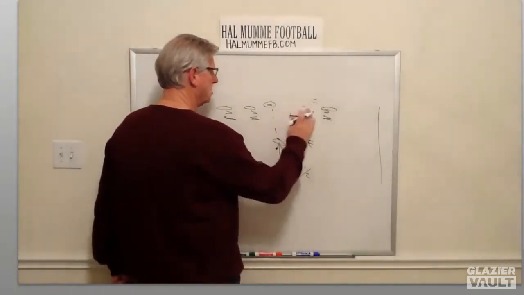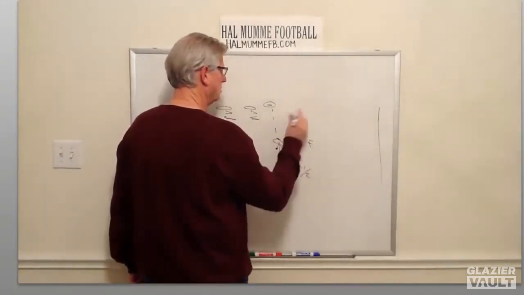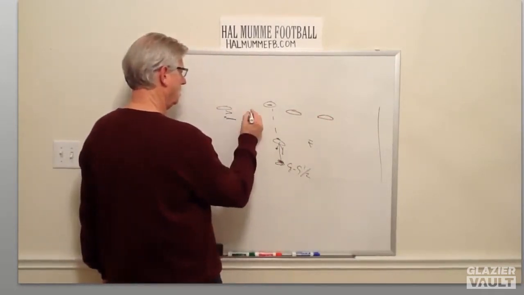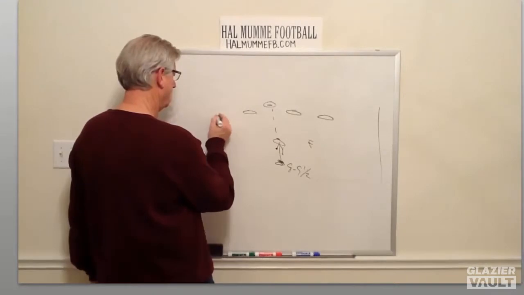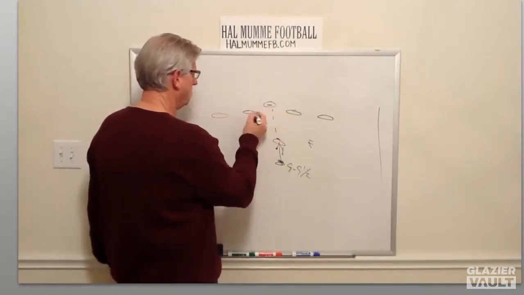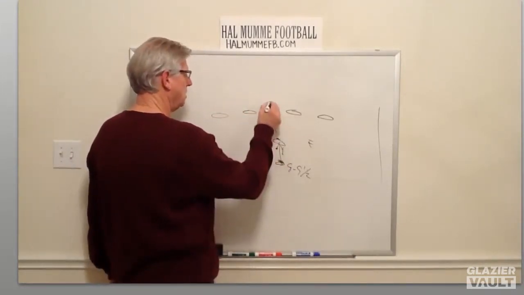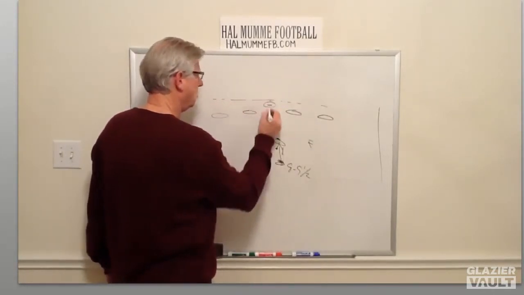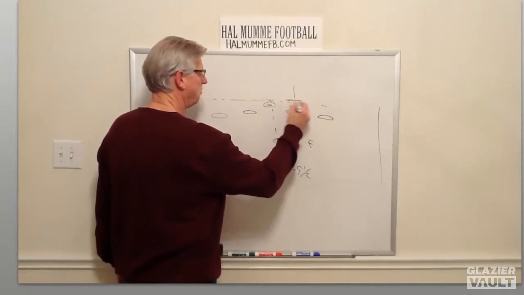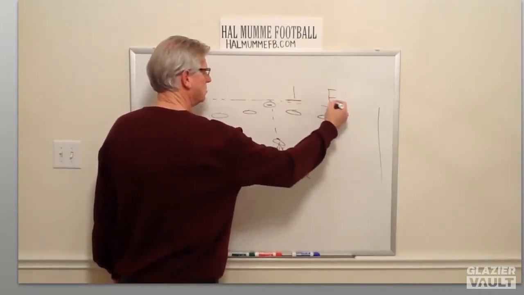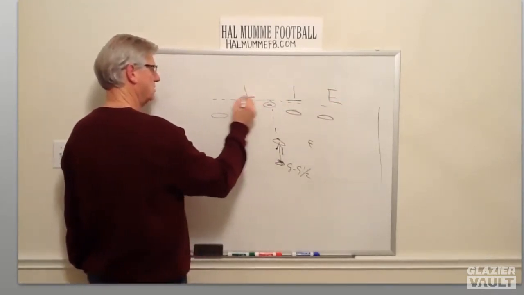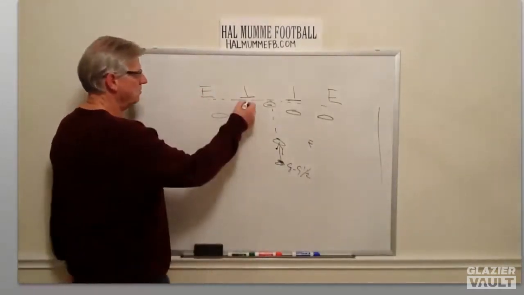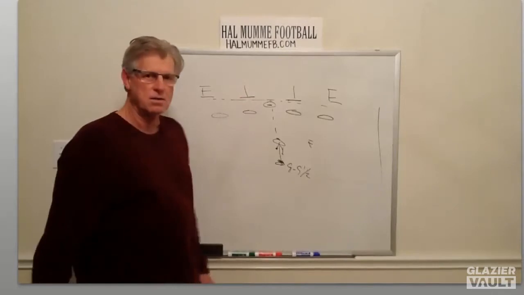So basically, when you draw this up, I really should draw it up like this, or wider. So basically, we're going to be backed off the ball as far as we can. Well, if this is the line of scrimmage, what we've done here, that's as far as that tackle can be. That's as close as that end can be. That's as close as that tackle can be. That's as close as that end can be. We've created space right here.